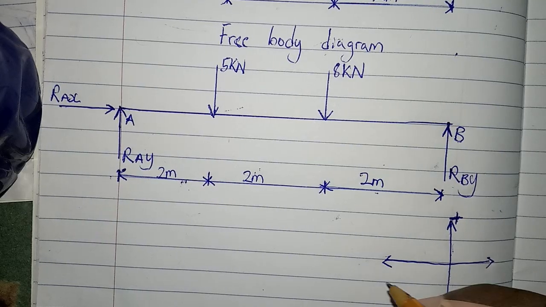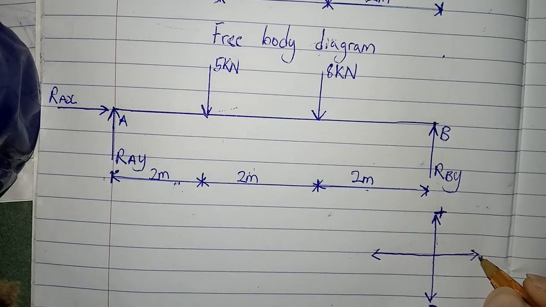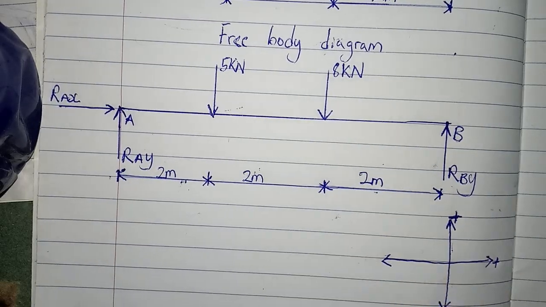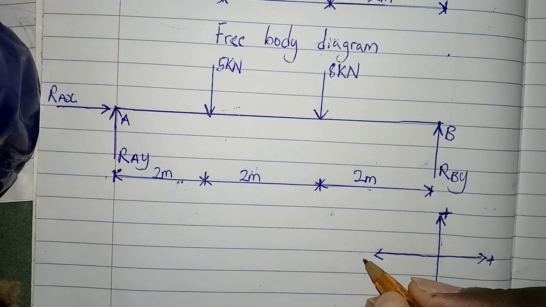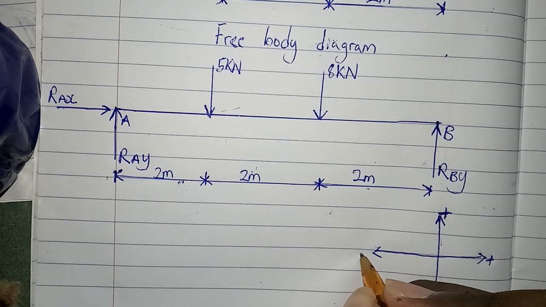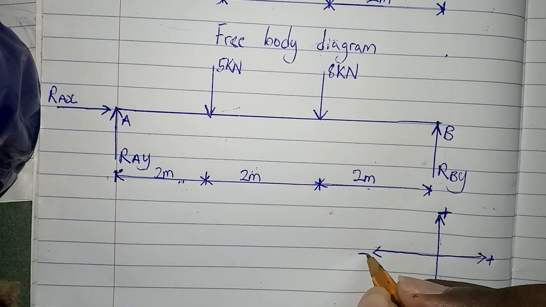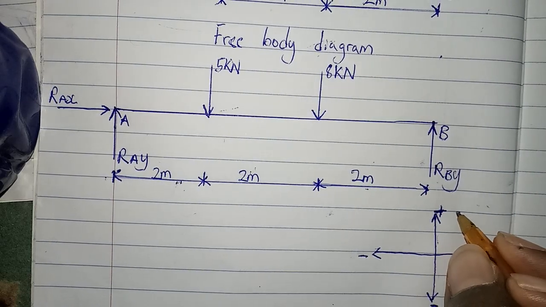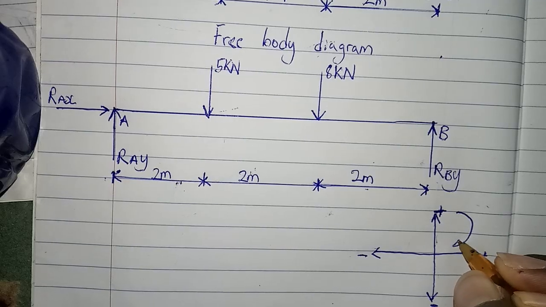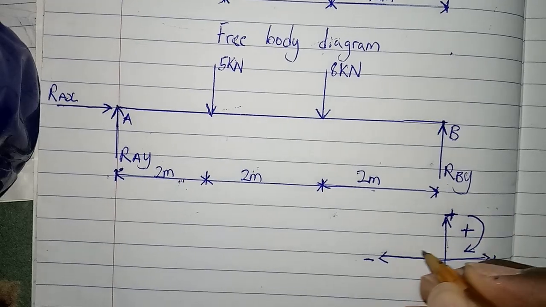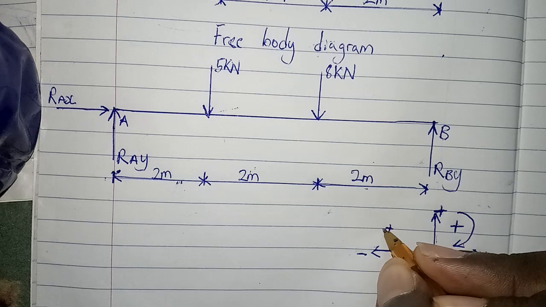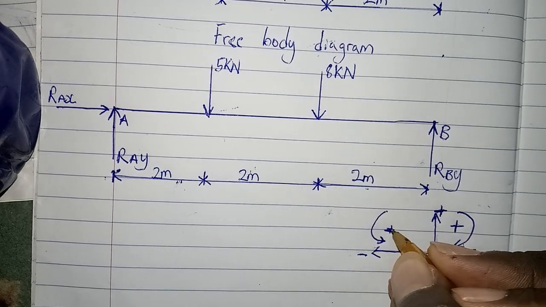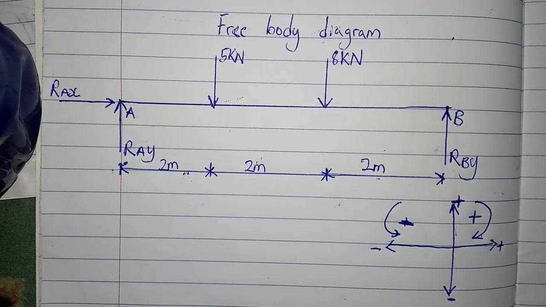Forces in the horizontal direction to the right are positive, and forces in the horizontal direction to the left are negative. Moment in the clockwise direction is positive. Moment in the anti-clockwise direction should be negative.